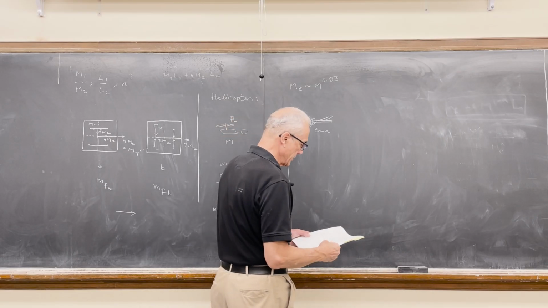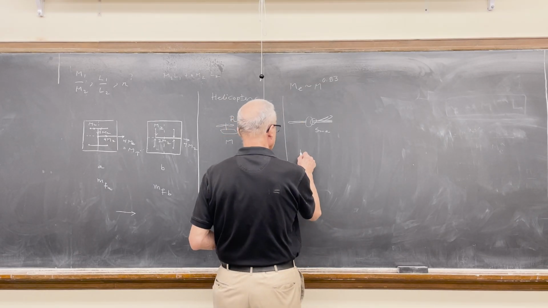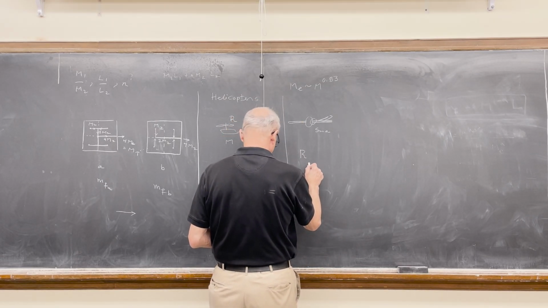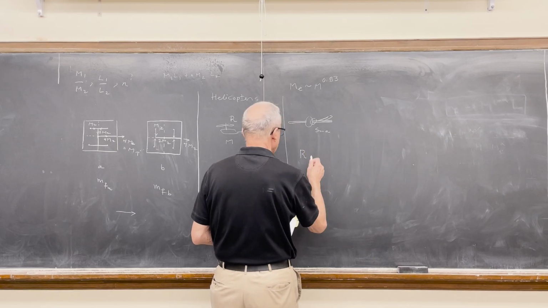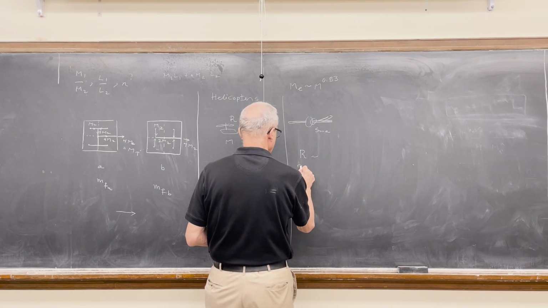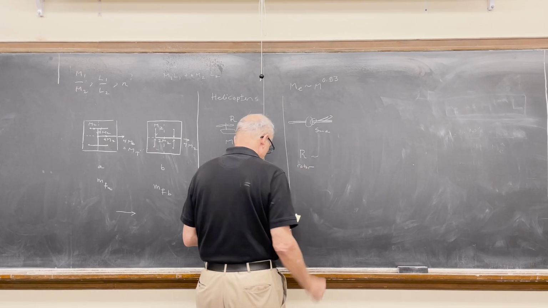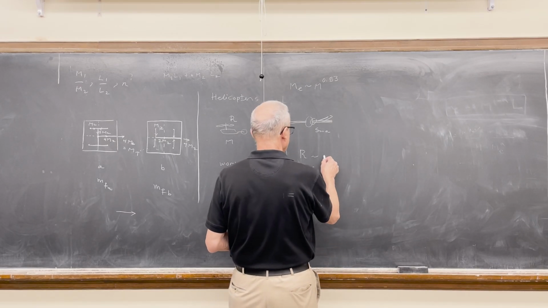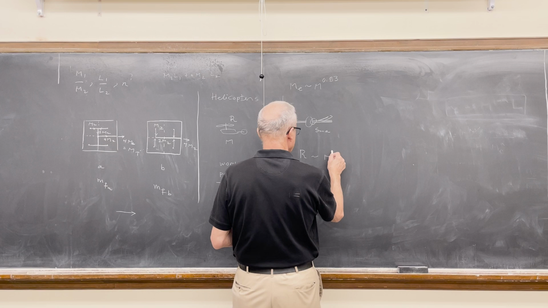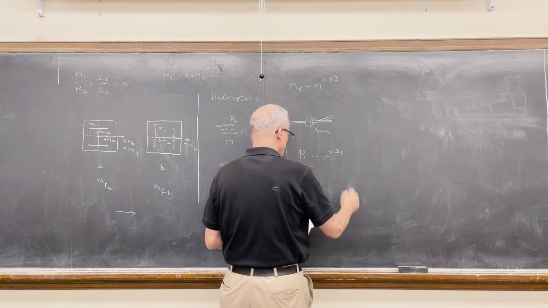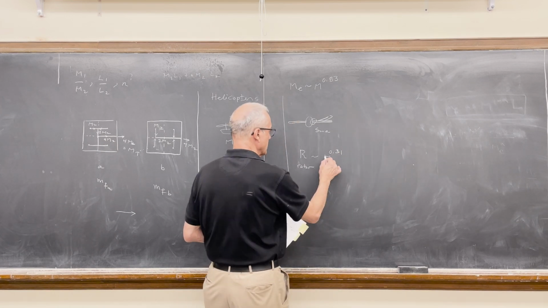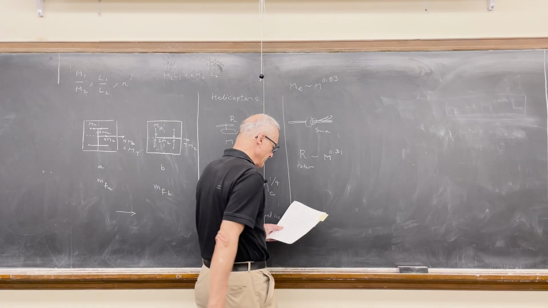And from that argument, you discover that the rotor radius should be roughly a body mass to power almost 1/3. This is the total body mass.